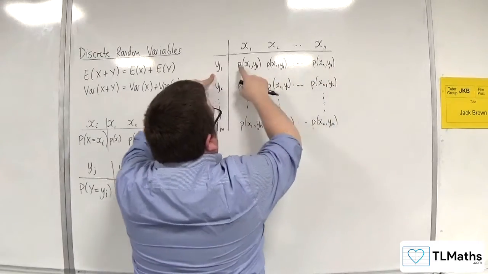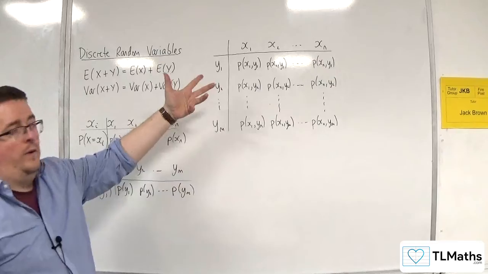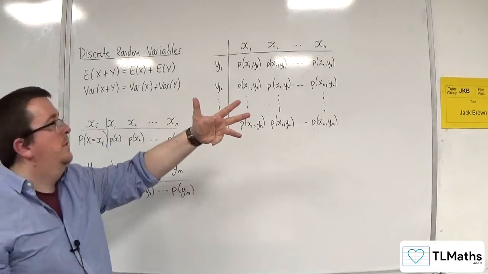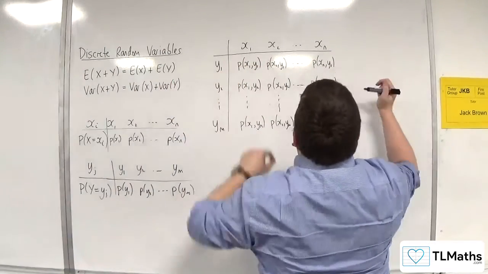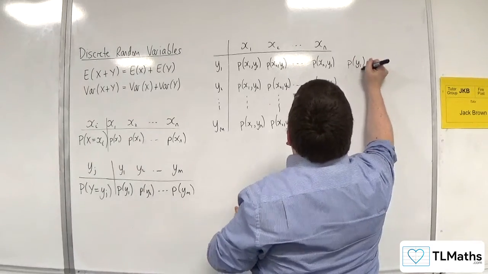All of those would add up to the probability of y1, because the probabilities for the x1s, x2s would all add up to 1. So that in total would be the probability of y1.